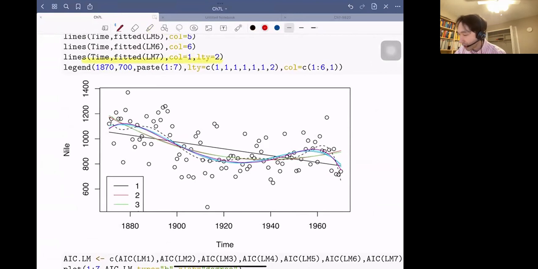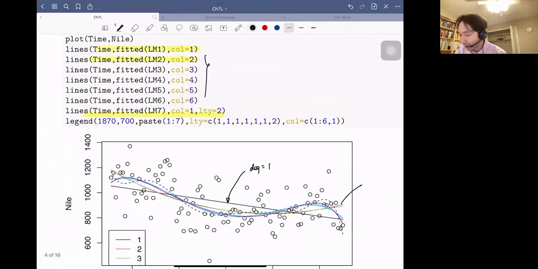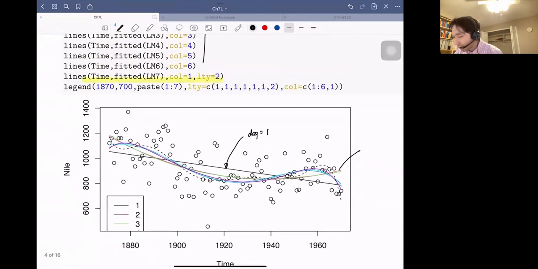Obviously, the black one is the first one, so this is the degree 1 polynomial. And the degree 2 is red, in R. I differentiate color, and color 2 is red, so the red one is degree 2. And the green is the third one, so this is degree 3.